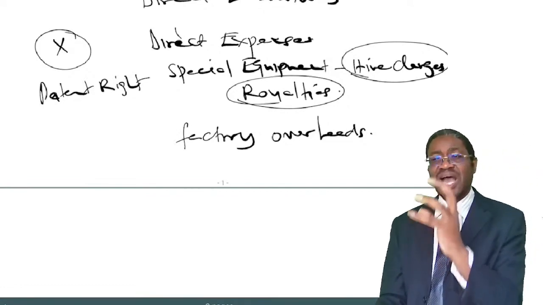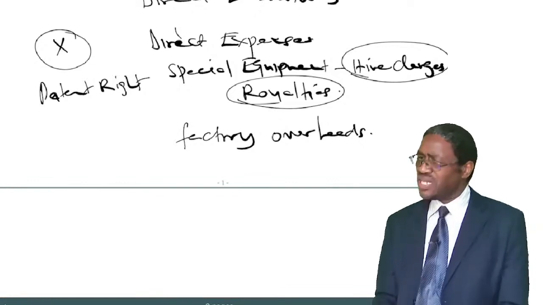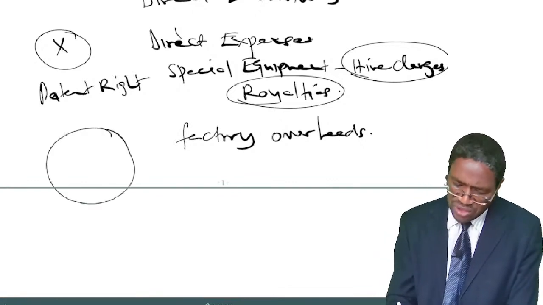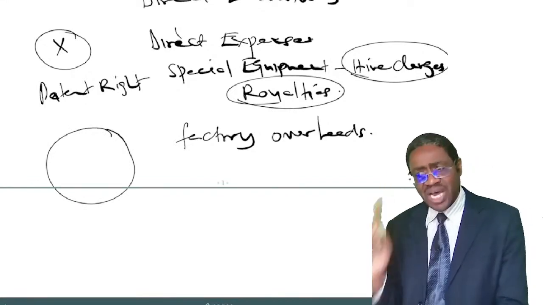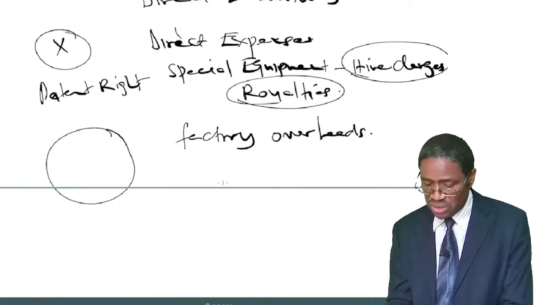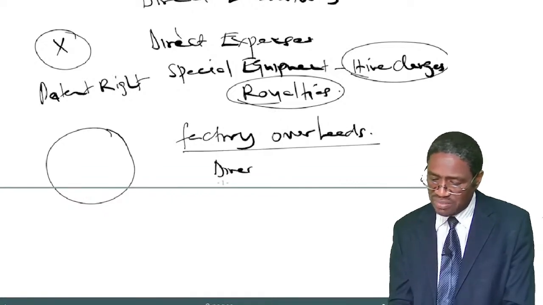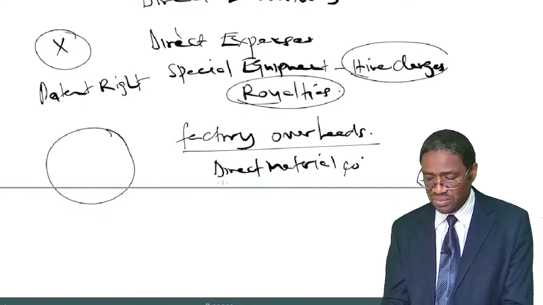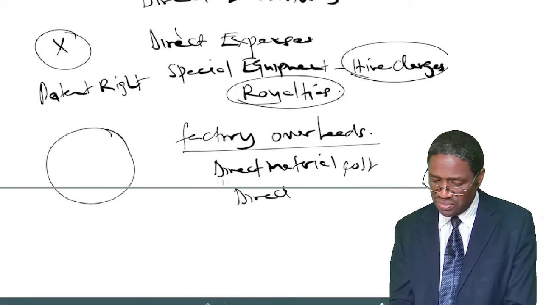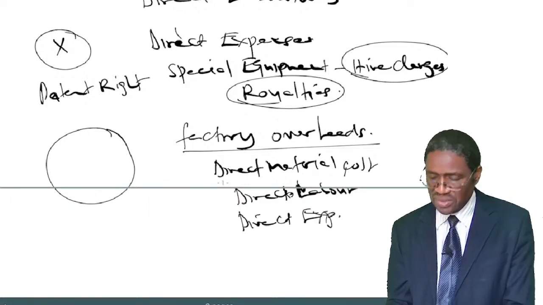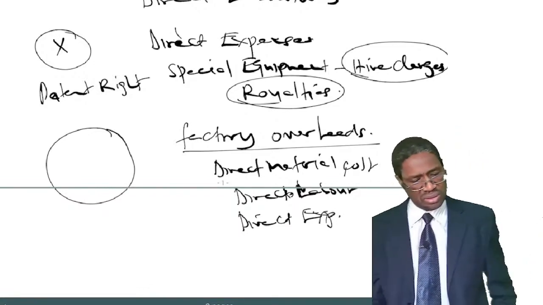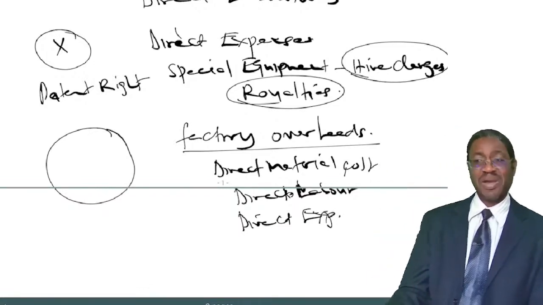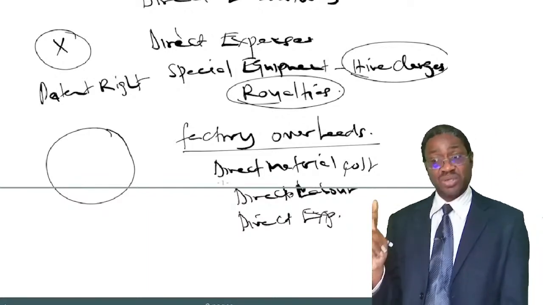These are other expenses, any other expense found within the factory, any other costs incurred within the factory, but not a direct material cost, not a direct labor cost, and not a direct expense.